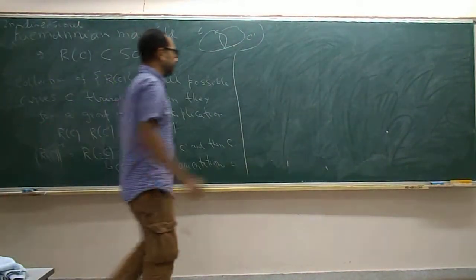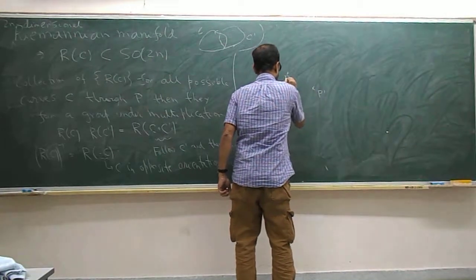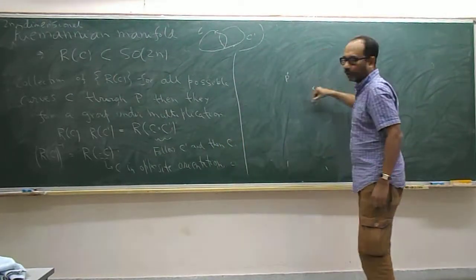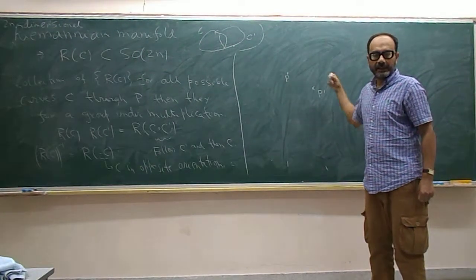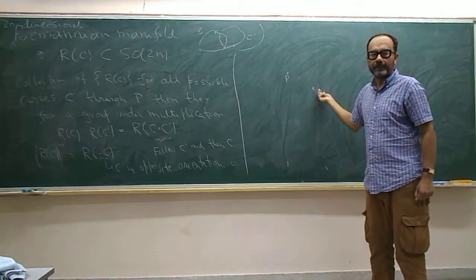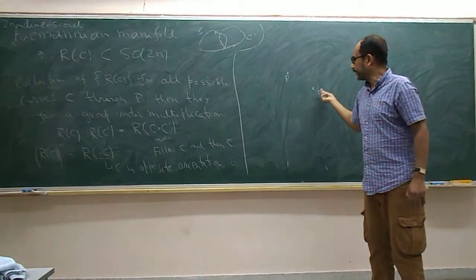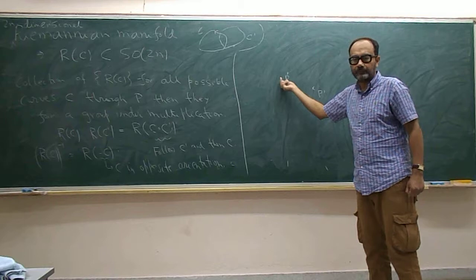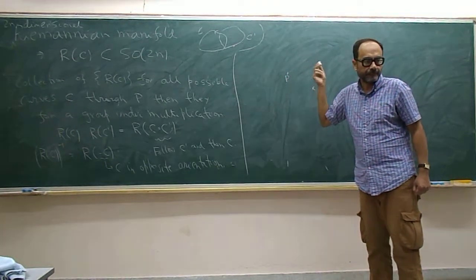But imagine that we consider another point P prime, and consider all paths through P prime. We can define a holonomic group corresponding to the point P prime. Is it the same as the holonomic group that we got from P? One can say that indeed they are the same.